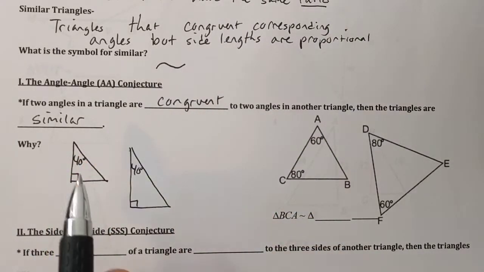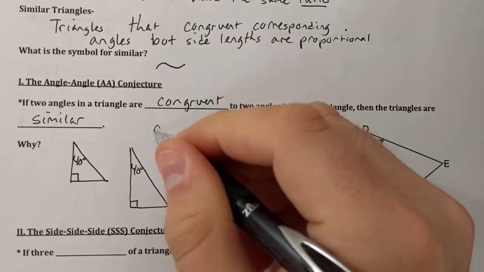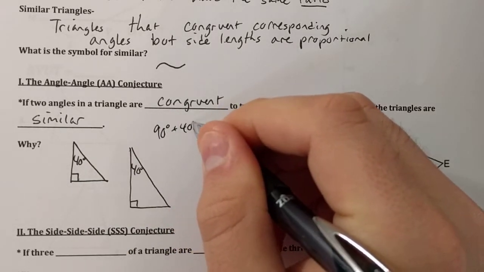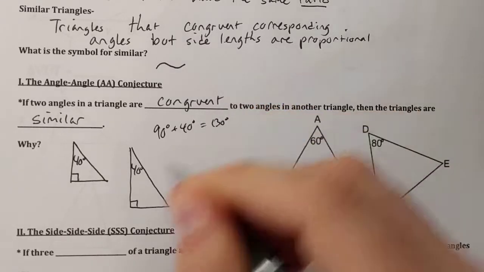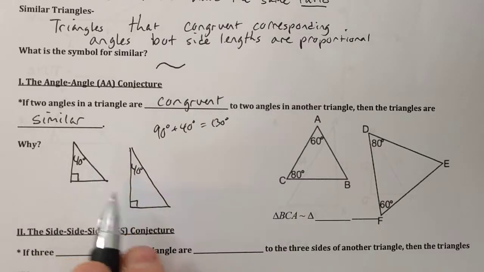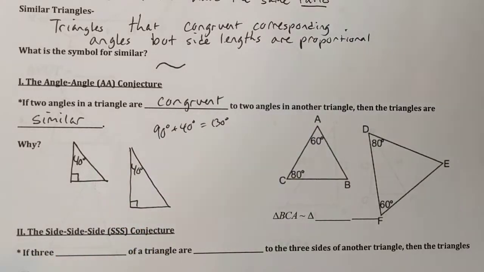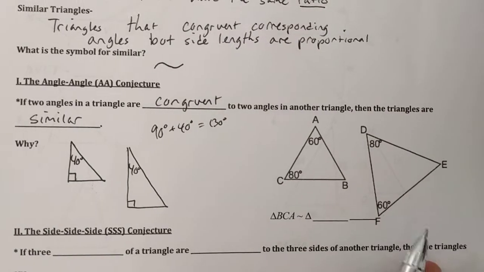The reason is that if this is 90 and this is 40, that means your total right now for those two is 130. That means this has to be 50 degrees to make that add up to 180. So you don't need to have that third angle. It's unnecessary. You could say angle, angle, angle, but you really only need two here.